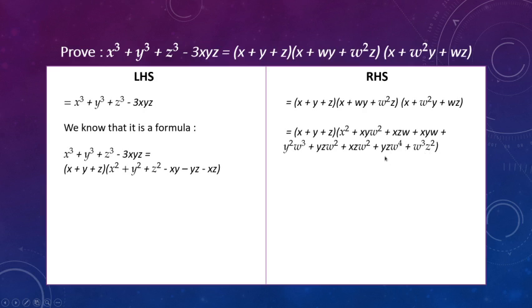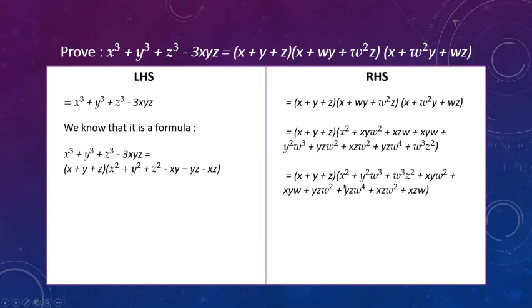Now to get the left hand side, we have to apply the properties of cube roots of unity in this question. If we compare this value with this left hand side, x plus y plus z is same in the beginning, so x plus y plus z will be written as it is.